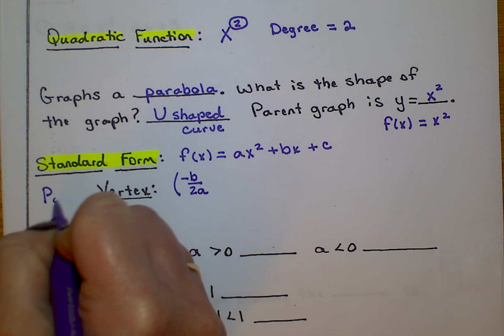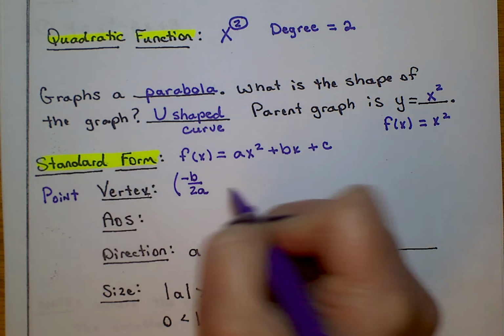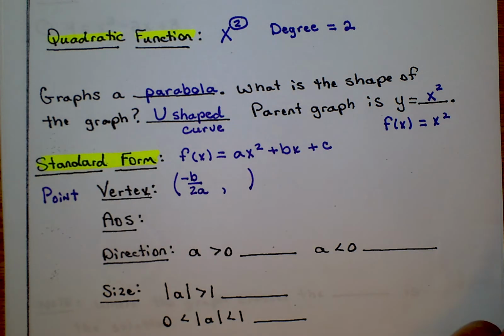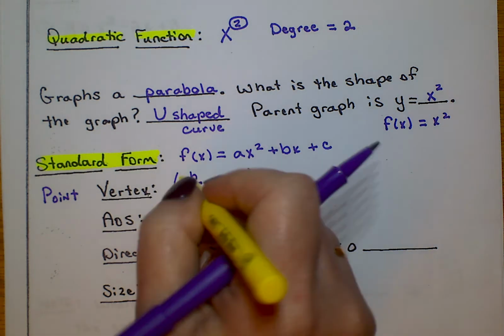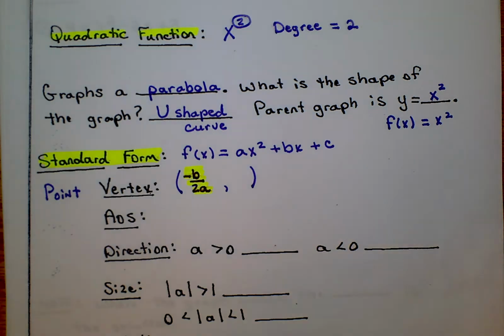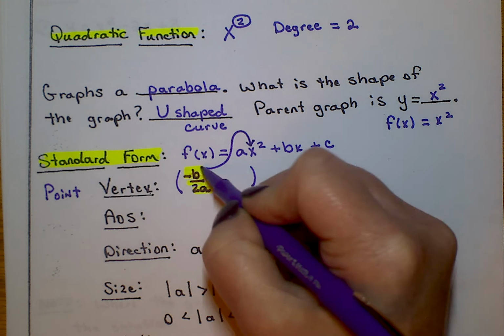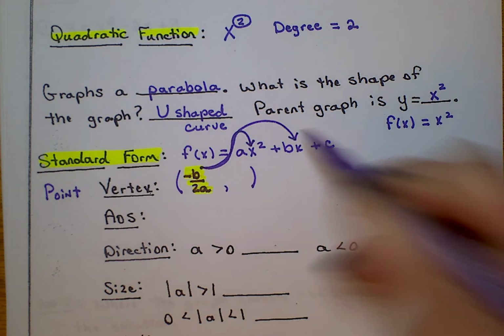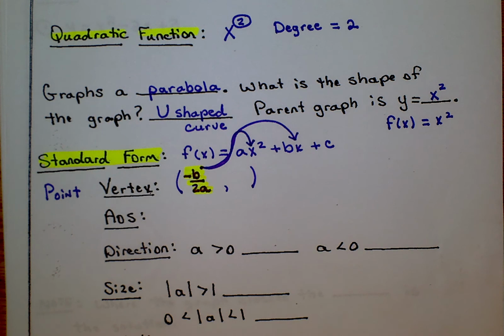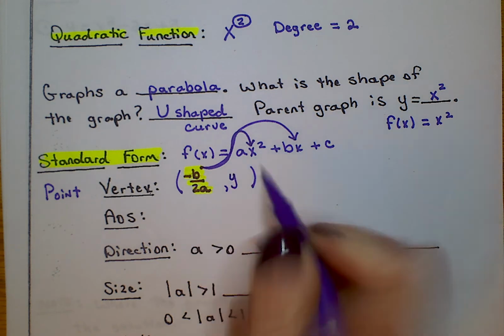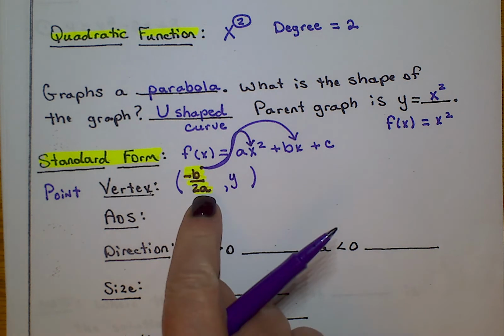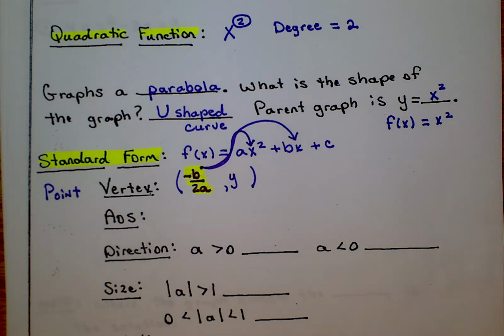Now the vertex is a point, so you have to have an x and a y, okay? To get the y value, you take whatever you got for the x and you plug it in, which is called a substitution. Once you plug that in and put everything together, you will get your y value out from that substitution, and that will be your vertex.